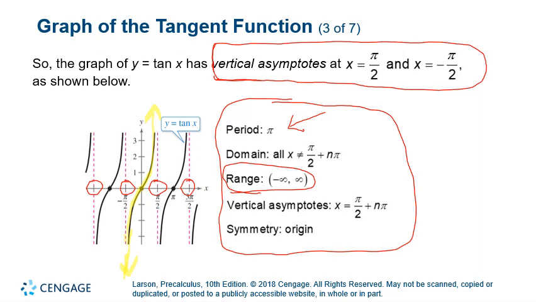Those lines, those pink dotted lines being asymptotes, are not actually a part of the graph. They're just signifying that the function is approaching that value but never attaining that value. It is symmetric with respect to the origin, and it lists out the domain and range here for you.